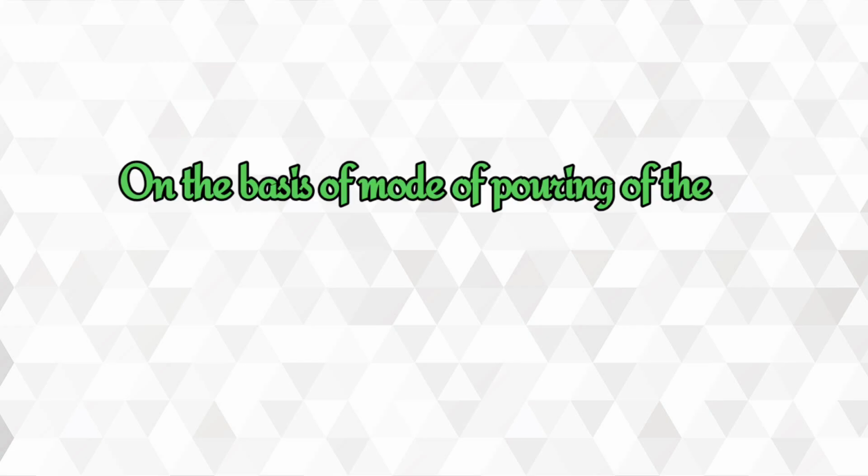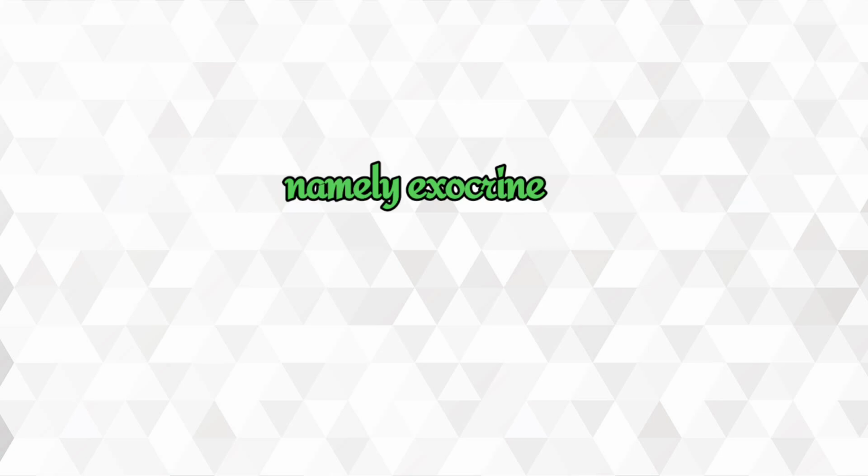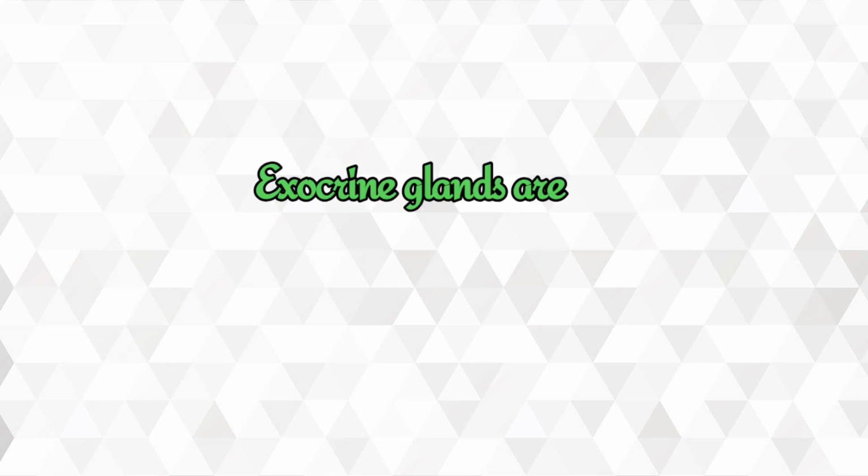On the basis of mode of pouring of their secretions, glands are divided into two types, namely exocrine and endocrine glands.